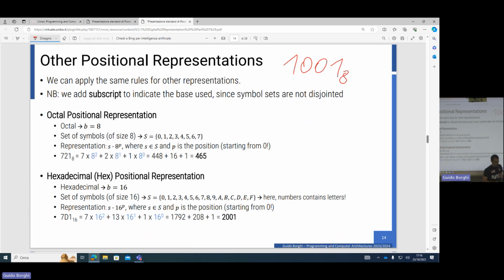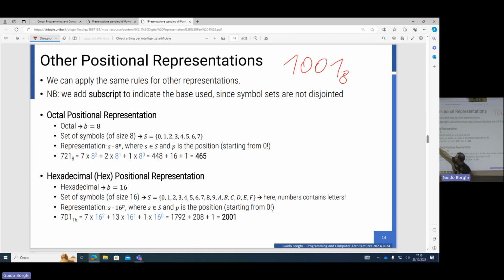So if I write the number 721 with the subscript equal to 8, we are using the octal positional representation. What is the meaning of this number in the decimal positional representation? First one is 1 times 8 to 0, first position.